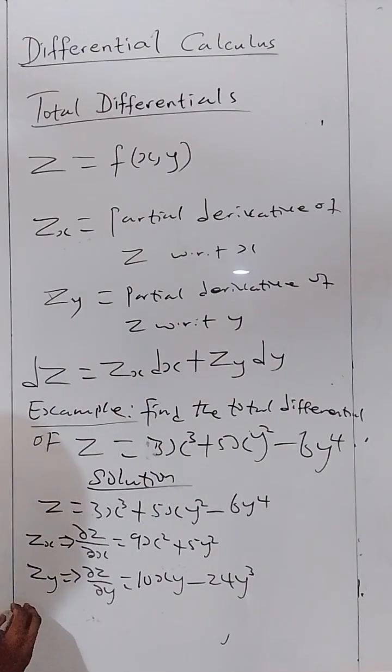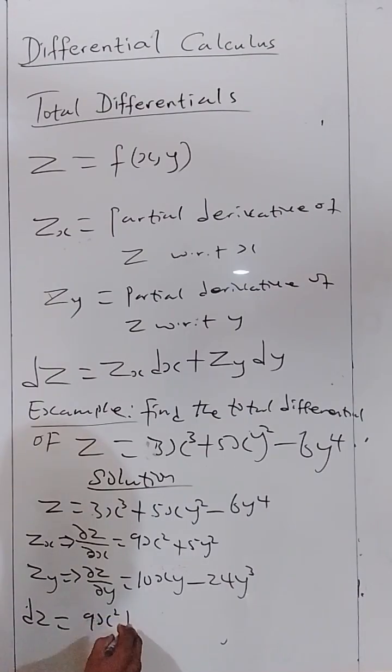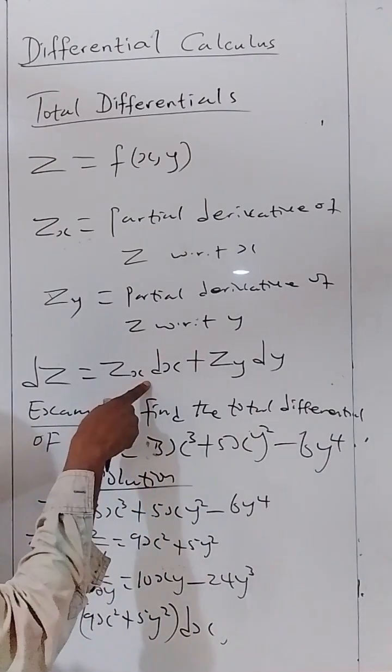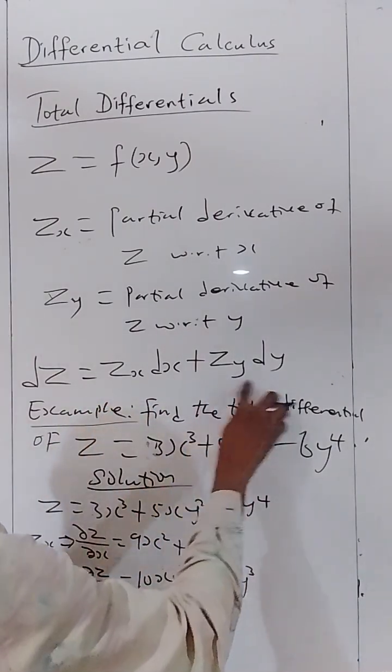Then our final answer, we now have the total differential is equal to this. Don't forget, we write the first one, z sub x, which is 9x squared plus 5y squared. So put in bracket, then you have the dx equivalent to this, then plus the other side here.